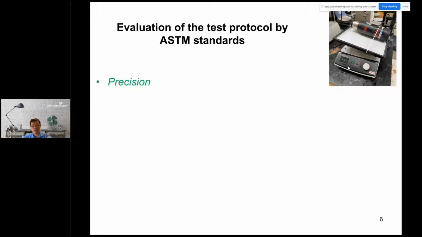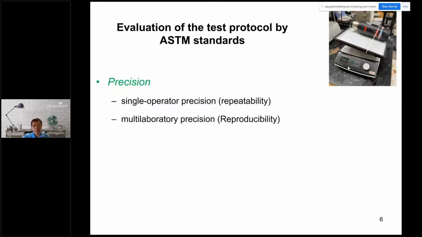The first one is to examine the precision of the test protocol, which includes single operator precision, also known as repeatability, and multi-laboratory precision, also known as reproducibility. Another aspect is the ruggedness of the test, which helps us determine which factors may or may not have a statistically significant impact on the test results, which is the ice melting capacity. So we'll get to that.